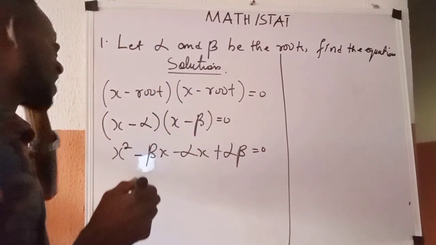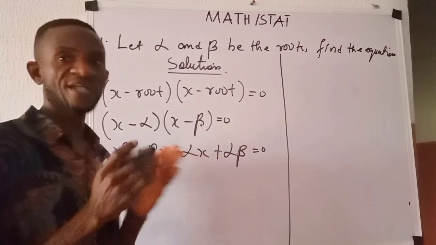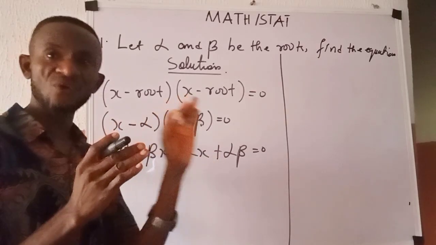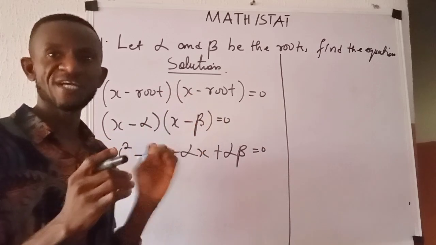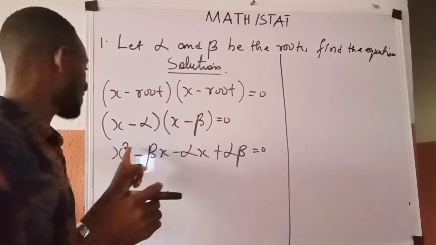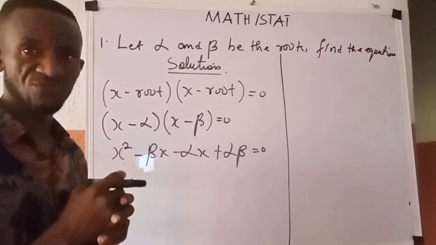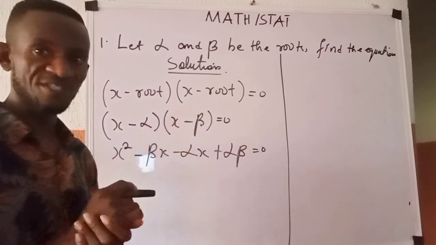So we now look at how we can factorize this to look at a quadratic equation. The only thing signaling to us that it is a quadratic equation is that the highest power of the unknown, which is x, is 2. So it is a quadratic equation.